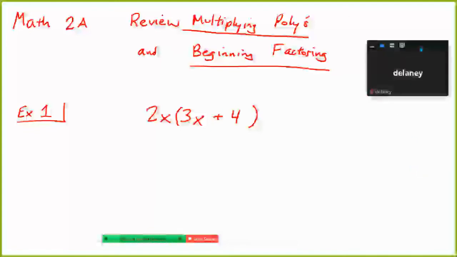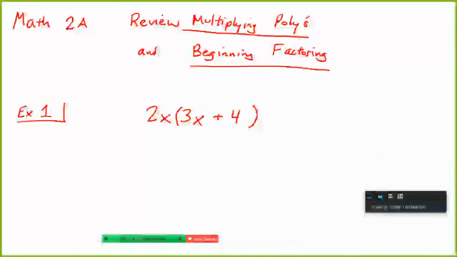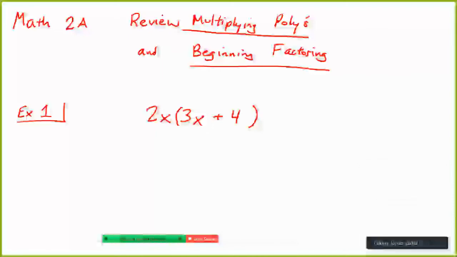You want the answer? If you don't mind. 6x, the exponent is 2 plus 8x. Very good. 6x to the second power plus 8x. High five from far away. Boom. Thank you for sharing.